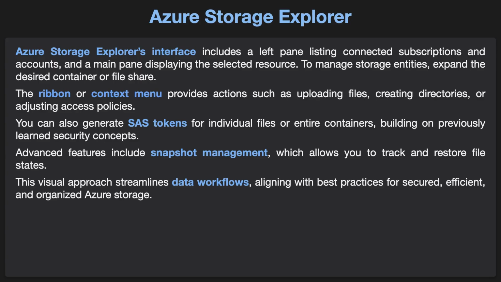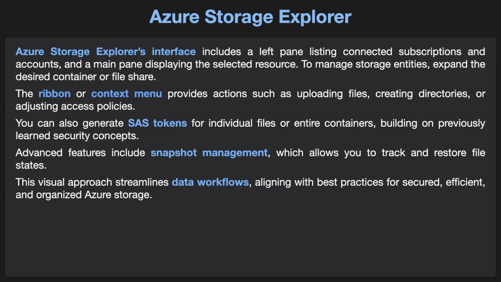Azure Storage Explorer's interface includes a left pane listing connected subscriptions and accounts, and a main pane displaying the selected resource. To manage storage entities, expand the desired container or file share. The ribbon or context menu provides actions such as uploading files, creating directories, or adjusting access policies.